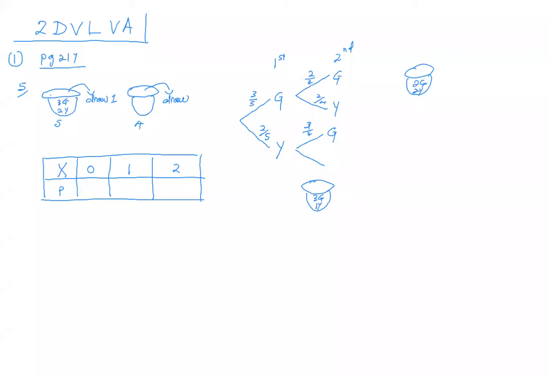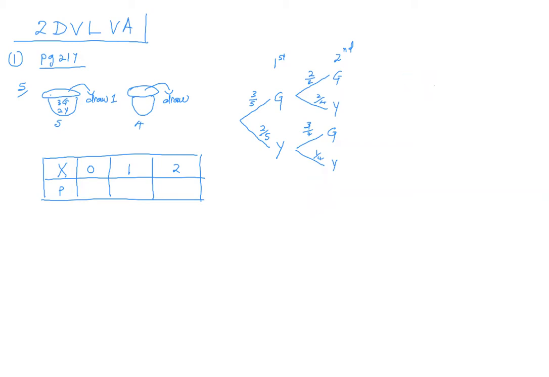Sorry, 3 out of 4. And yellow is 1 out of 4. Am I right? Okay, so you understand that? So different scenario, you have a different situation. So you have to try to expose yourself to as many scenarios as possible. That is the reason why you have to do your practice test.